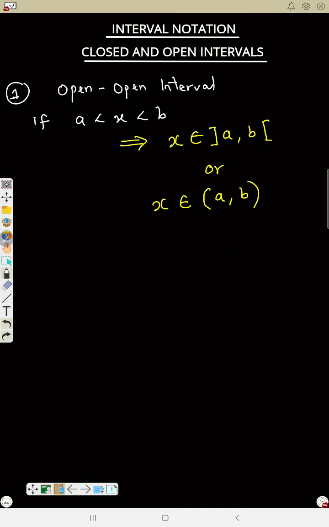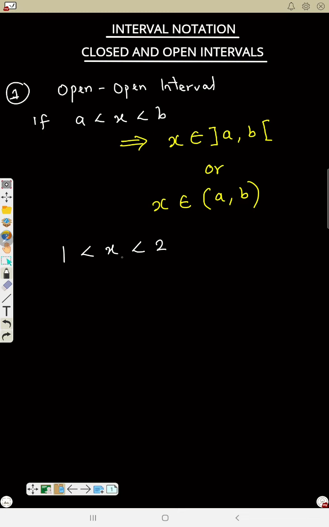Now if I have, for example, let's say 1 is less than x and x is less than 2. What are the numbers you think you can have here?